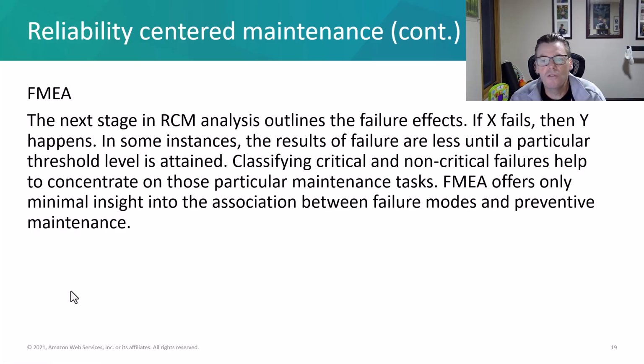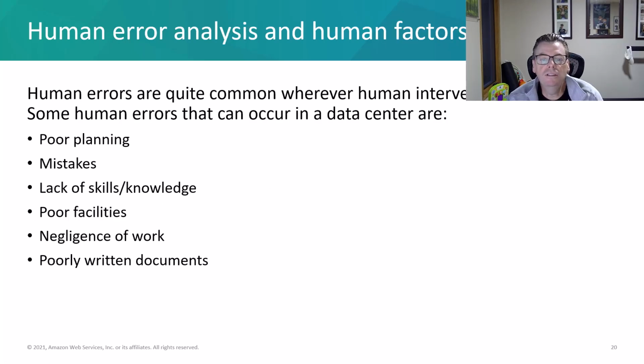So we're going to go through and look at those relationships, and then we're going to classify critical and non-critical failures to help us focus on the critical failures a little bit more effectively than the non-critical failures.